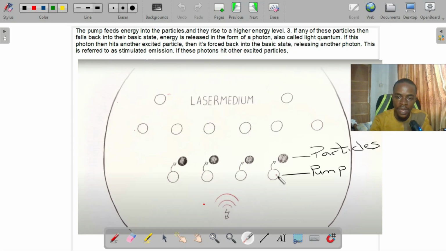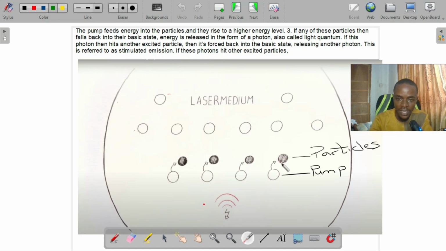Now you can see the pump feeds energy into the particles and they rise to a higher level. Are you with me?